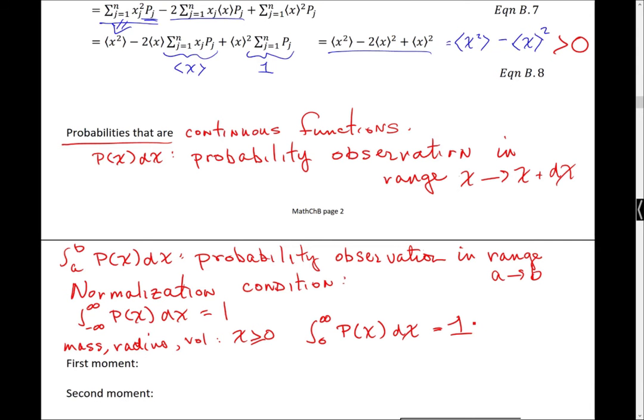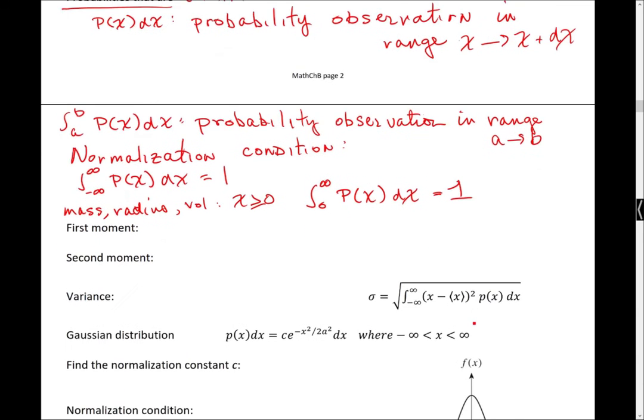All right, so now that we understand probabilities for continuous functions, what we want to do is define our first moment, second moment, and variance, right? And so it's going to be very similar to what we did for our discrete probabilities, but we're going to replace the summations with integrals, okay? So the first moment will be the integral from 0 or minus infinity of p of x dx times x.